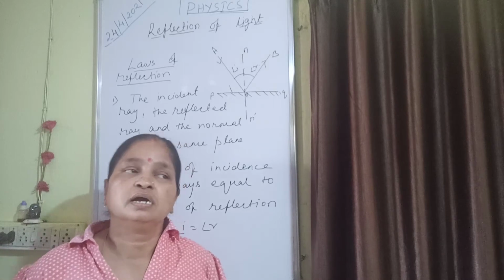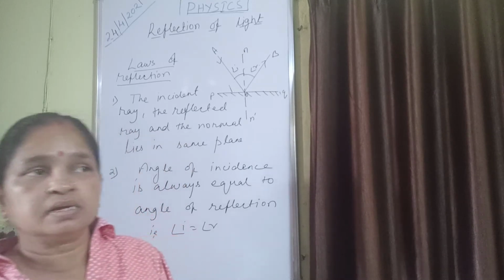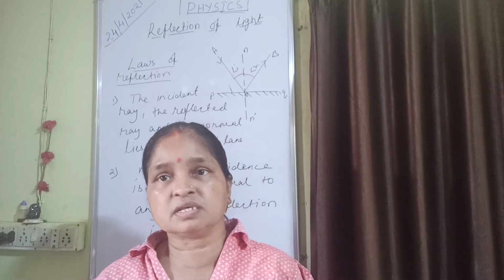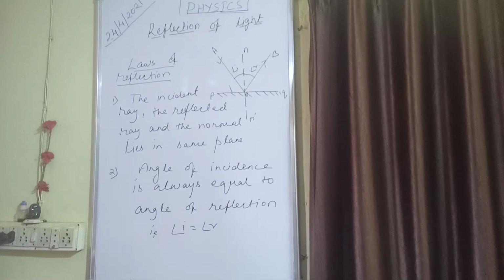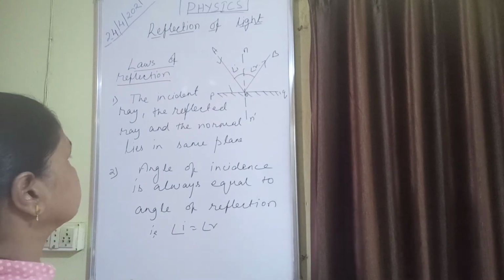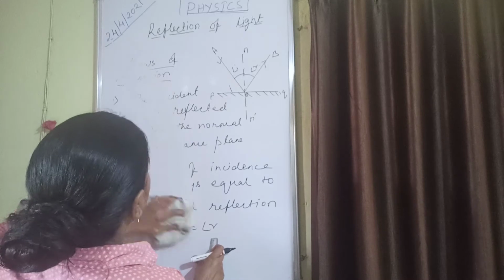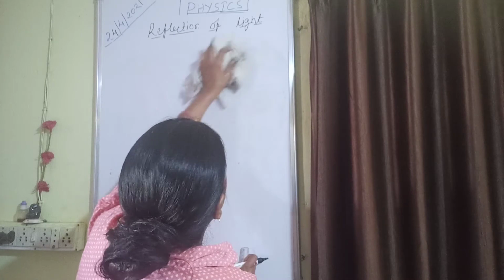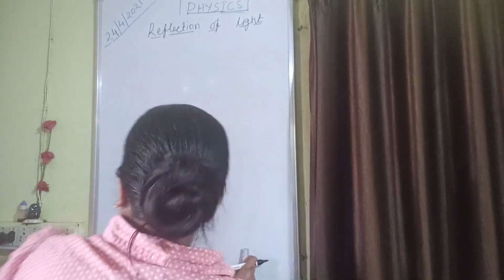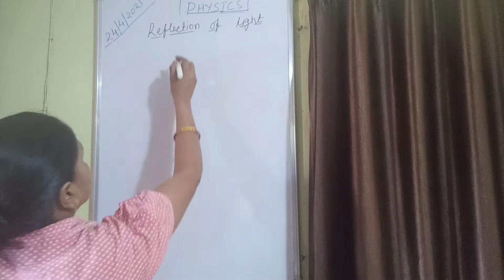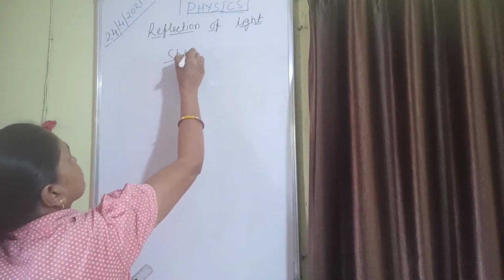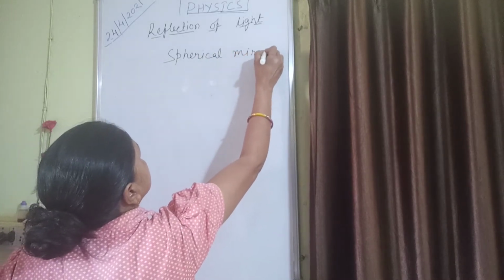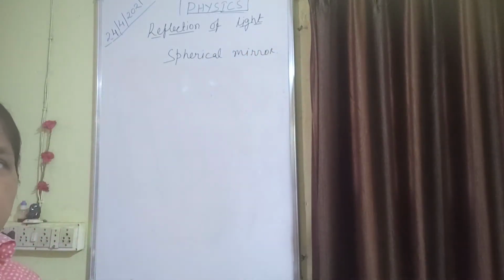So let's start our chapter with spherical mirror, because plane mirror you all have seen, we all see our image in the plane mirror. So now we will study spherical mirror.